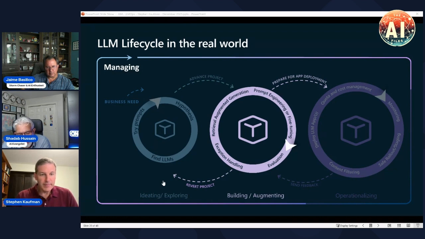So for an organization, Stephen, let's say an organization wants to make sure that they have LLM ops as a practice, a framework, and a discipline. You talked about prompt flow, which is a tool in Azure, and it helps you manage several aspects of it.